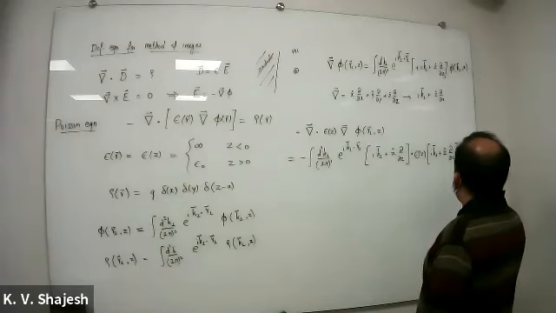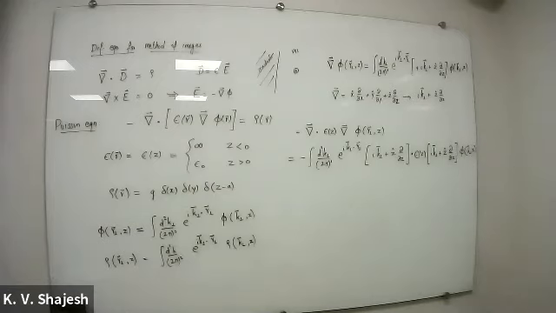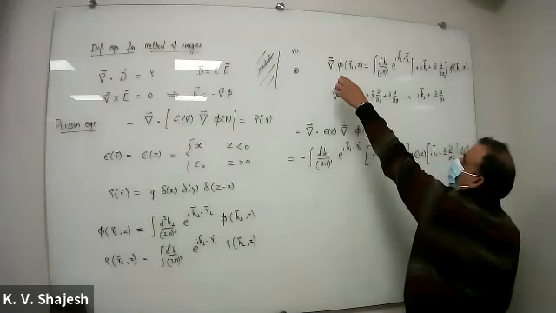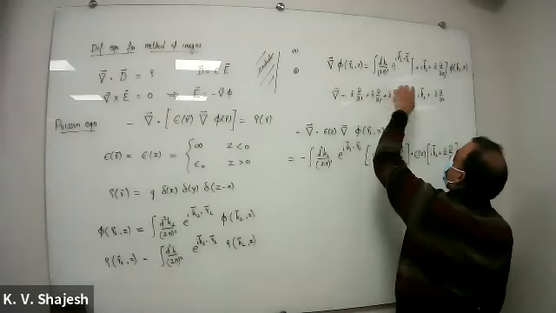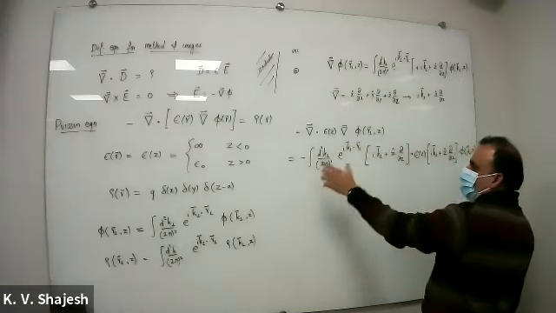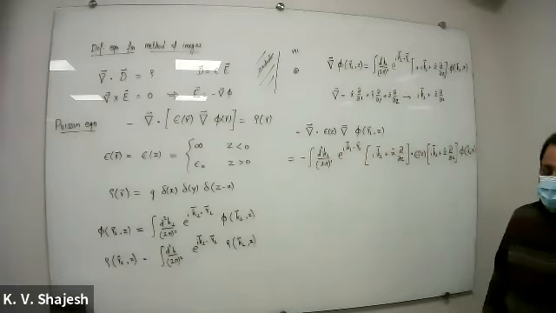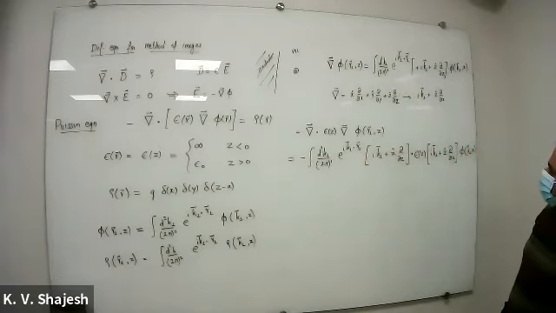Phi of k perp. So it's just doubling this. Already we showed that the gradient involves i k perp, and the double of that will go through.